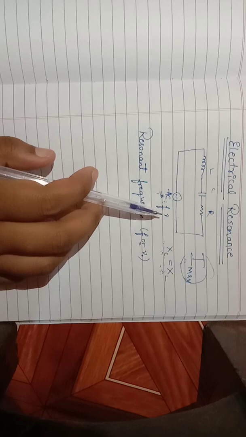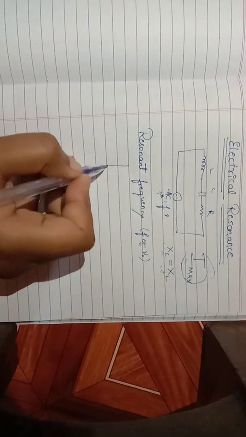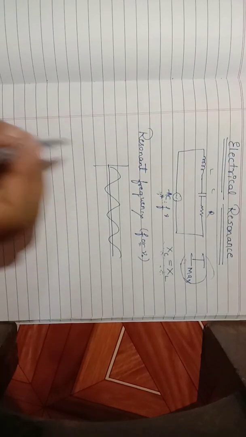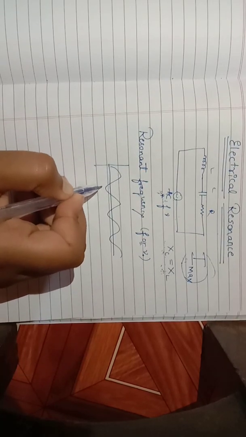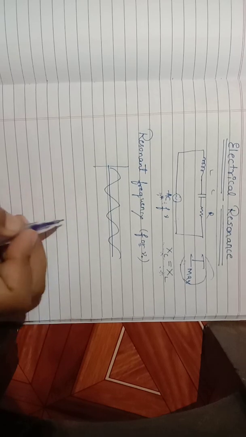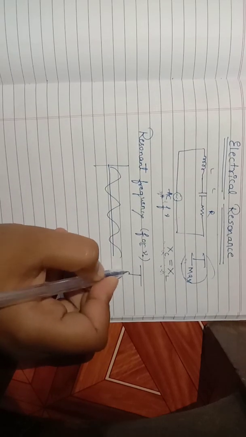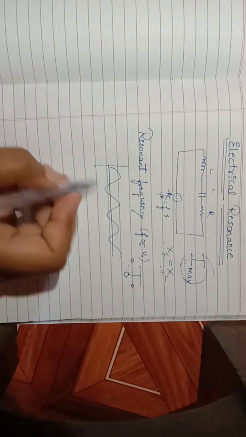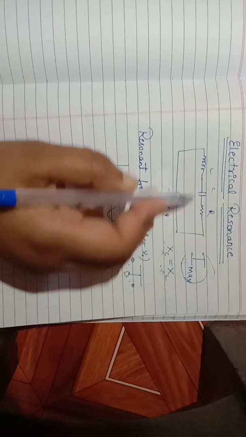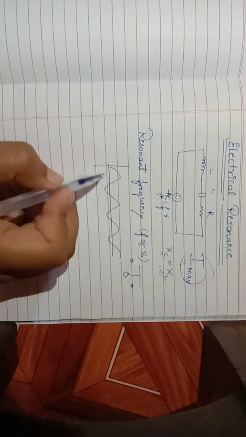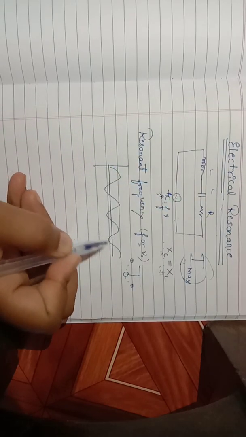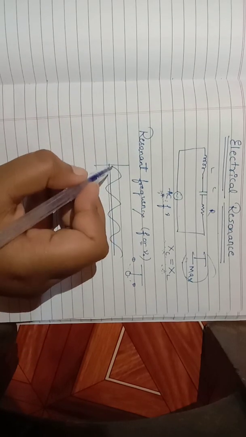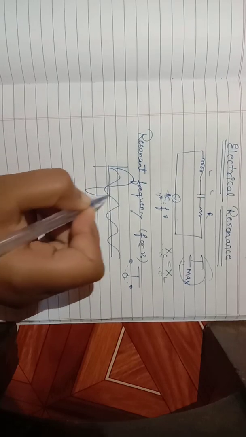Current becomes maximum means what? You already know the AC oscillations will be like this. This is the amplitude. I had told you already, I had given the example of a simple pendulum also. So if the current of this circuit becomes maximum, the amplitude of the oscillations also will be maximum. At the resonant frequency the amplitudes will be very high.